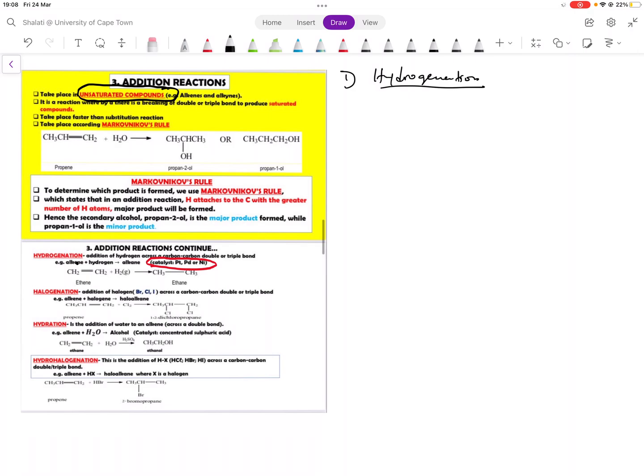So hydrogenation, we start with an alkene. Let's use a propene. Propene is 3 carbons with a double bond. So here I will have 2 hydrogens, 1 hydrogen, 3 hydrogens. Be careful when you're drawing your structures.